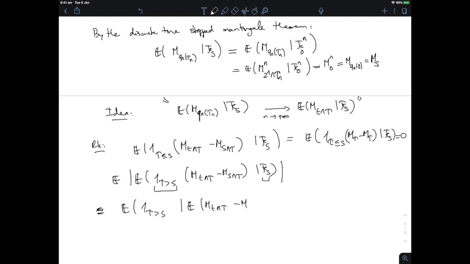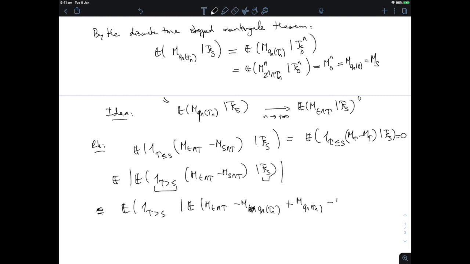Let's introduce my stopping time, t minimum q_n of tau_n, and let's add it back. By the way, q_n of tau_n is always below t by our definition, so this is redundant anyway.